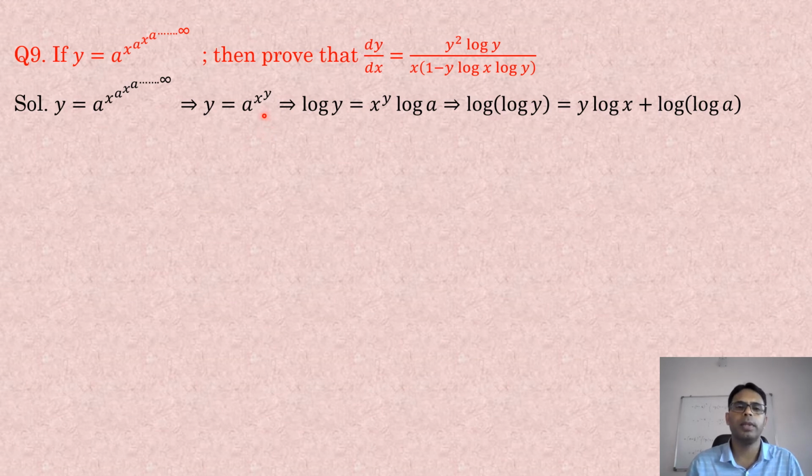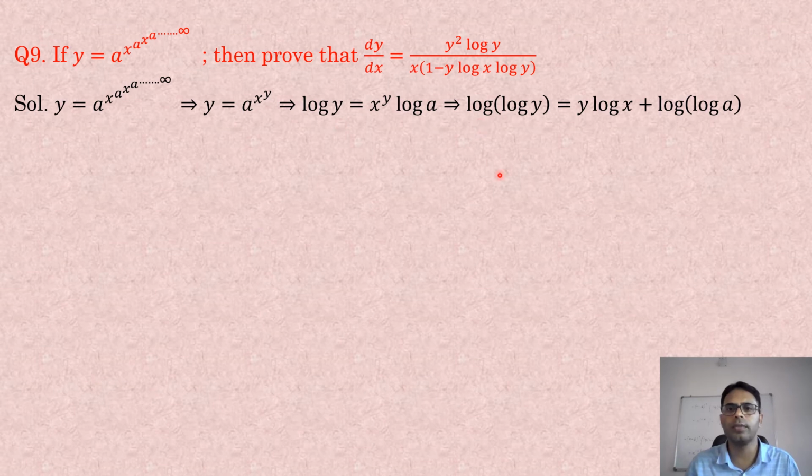So this problem is again base and power are variables, so we should take logarithm here. So log of y will be equal to x to the power y, which will come in front of log, x to the power y log of a. And this x to the power y, base and power are again variable. Therefore we are to take logarithm again. So log of log y, left hand side was already log y and I am taking another log.